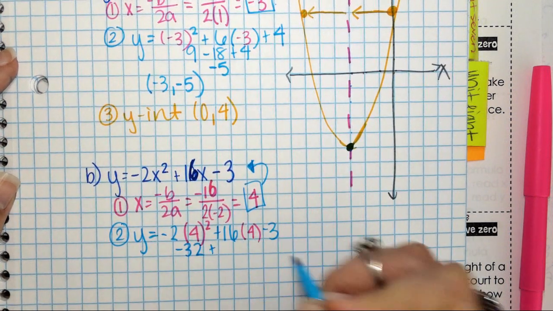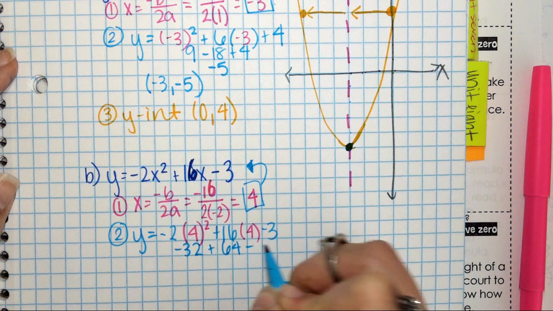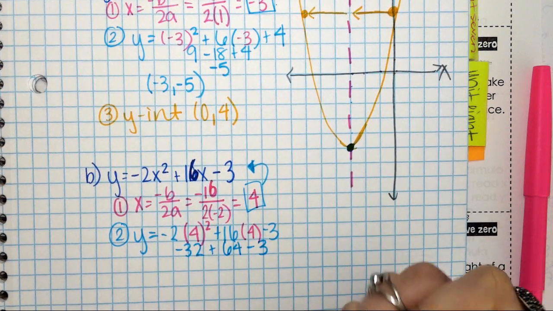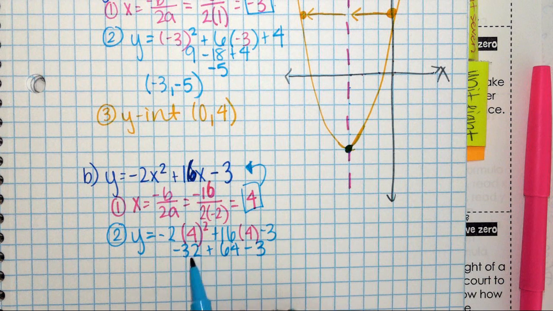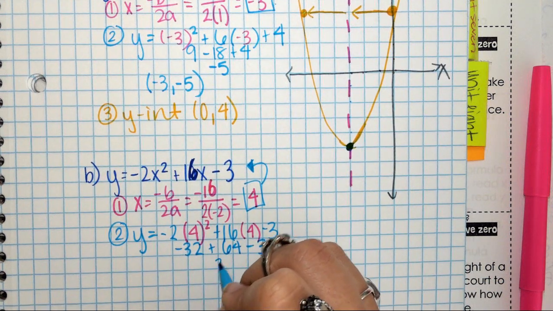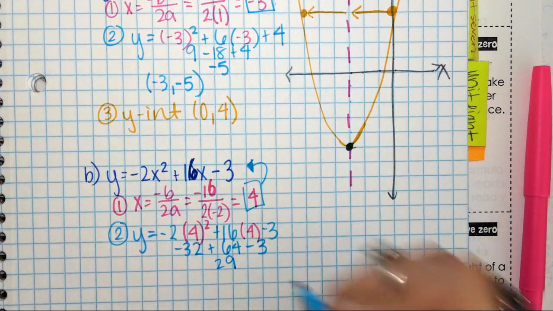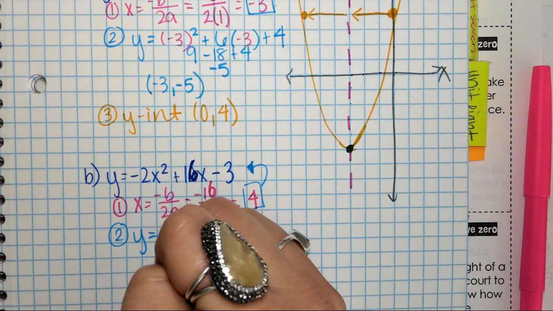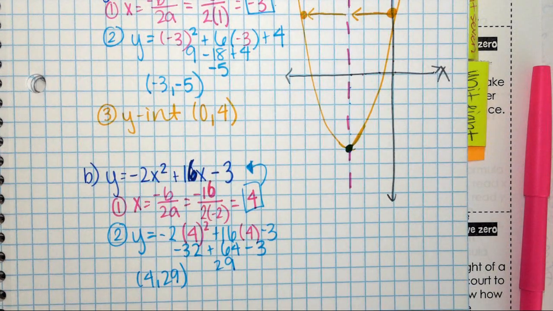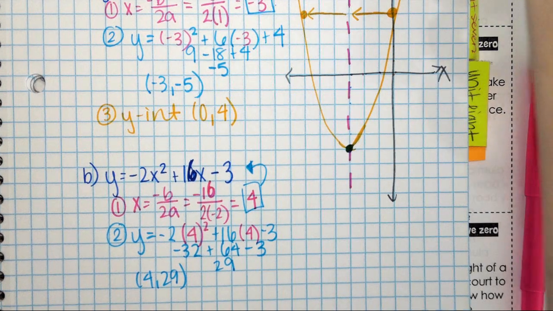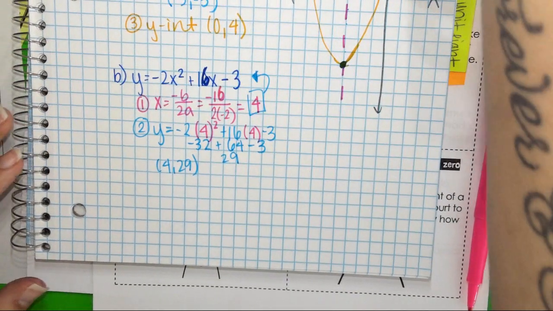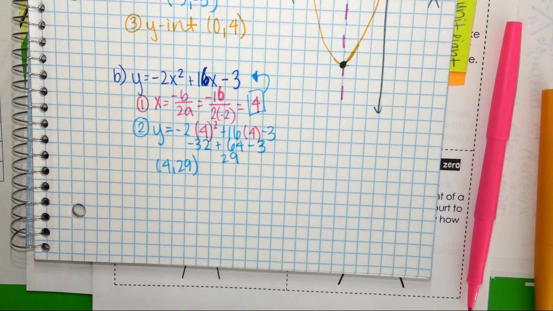Yes, ma'am. Plus 64, minus 3. Okay. So then that gives me positive 32 minus 3, which is 29. Yes. And so my coordinate is 4, 29.